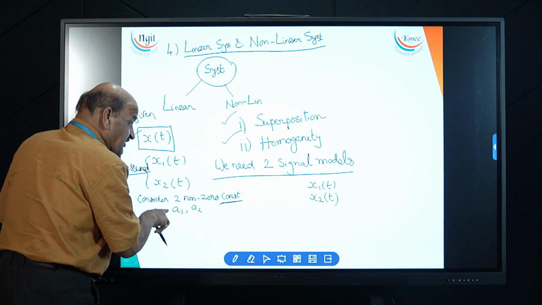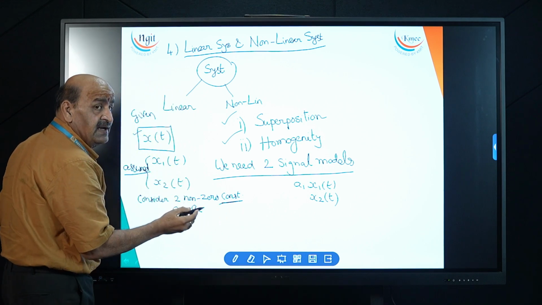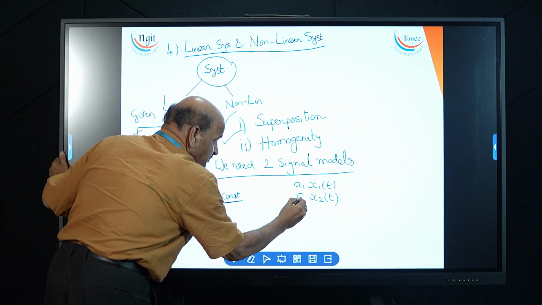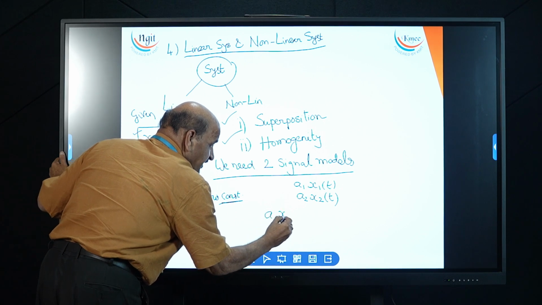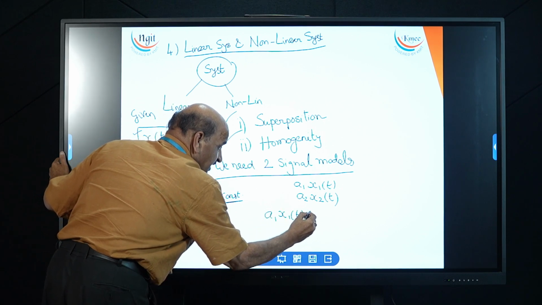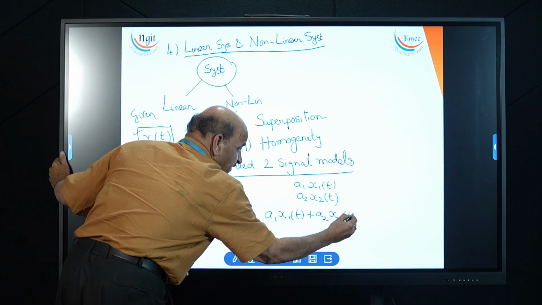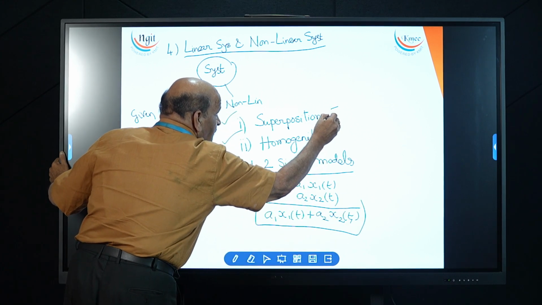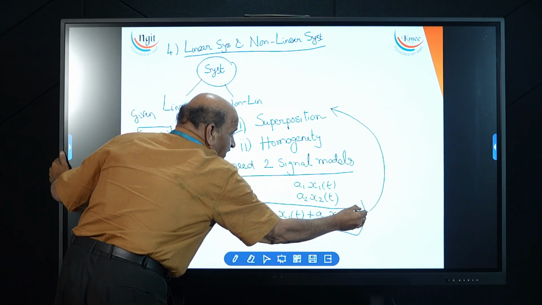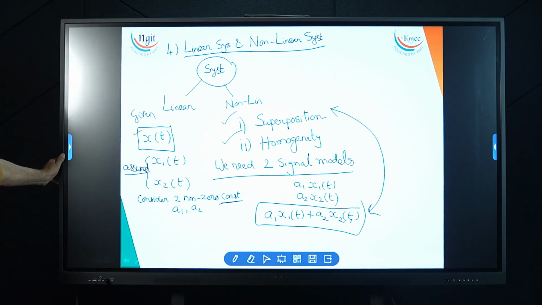Multiply the first signal with a1, multiply the second signal with a2 and add. That means a1 x1 of t plus a2 x2 of t, the combined signal. This is called the principle of superposition.